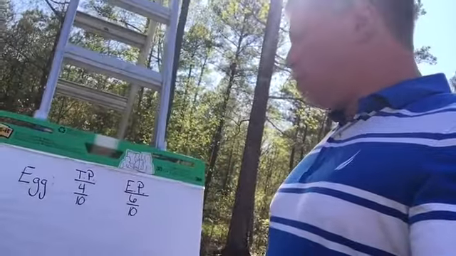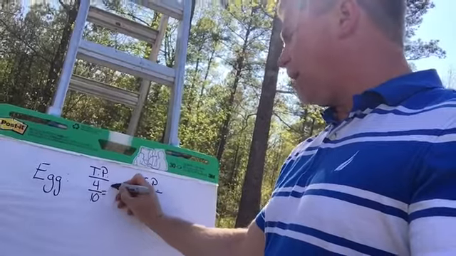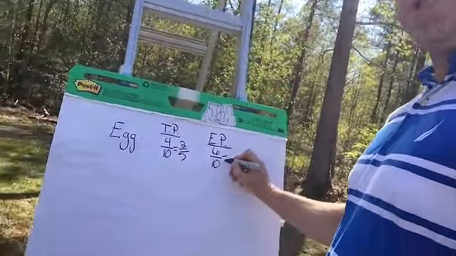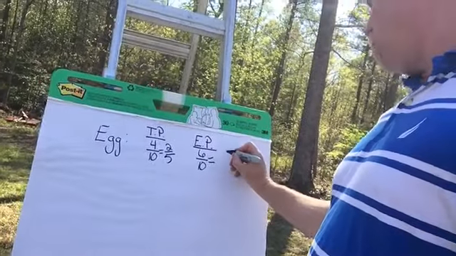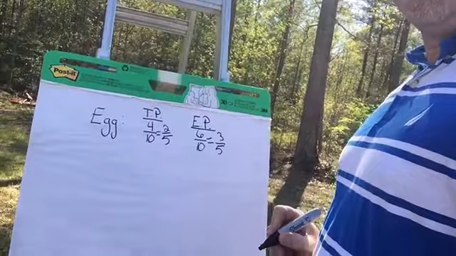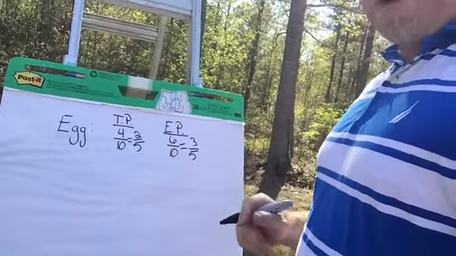Now, we can also break these things down. So our 4/10 would break down to 2/5. And then our 6/10 would break down to 3/5. So as a fraction, that's how we would represent it for the probability.